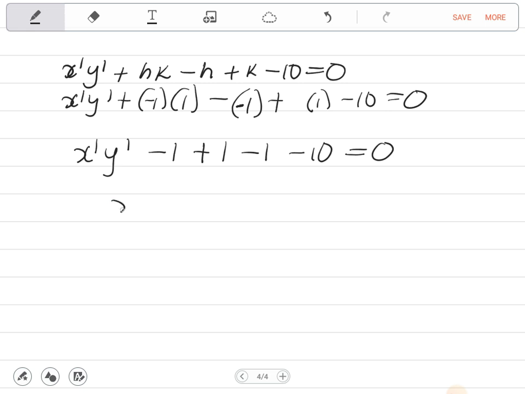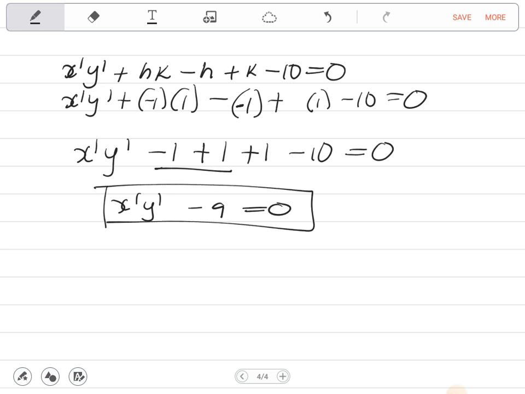Good. So you end up having this, that, and that. These two will cancel. So you're supposed to have positive here to give us negative 9 is equal to 0. This is the equation that we needed. This is the new equation. Cheers.